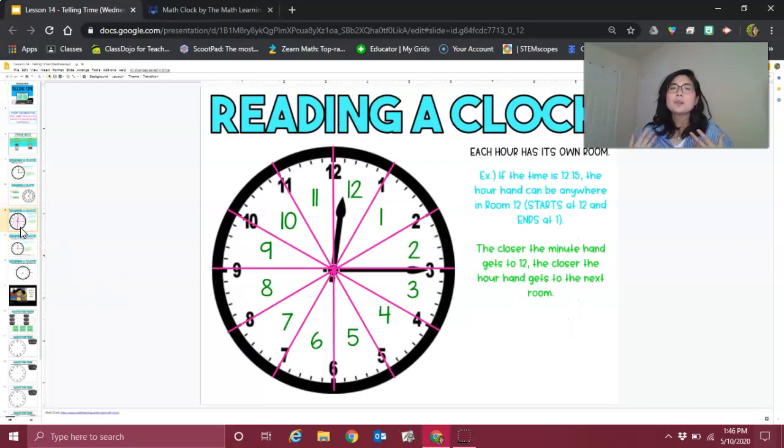Now, to make sense of that, we need to realize that a clock is very much similar to fractions. And here's why. If I were to split up a clock in equal parts, how many equal parts would I have? Well, let's count together.